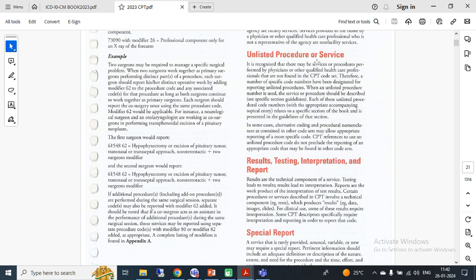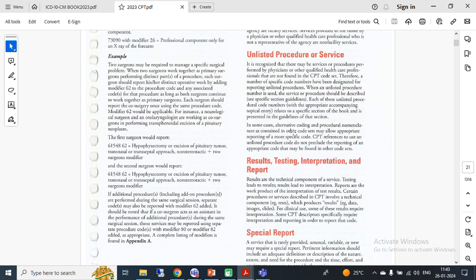So here we have unlisted procedures or service. If we encounter any type of unlisted procedure or service, you are going to watch this section and you can write. For example, if you get a question in the exam on whether you will append any modifier to an unlisted procedure or not, if you follow these guidelines, you will write easily that you will not append any modifier to an unlisted procedure or service.